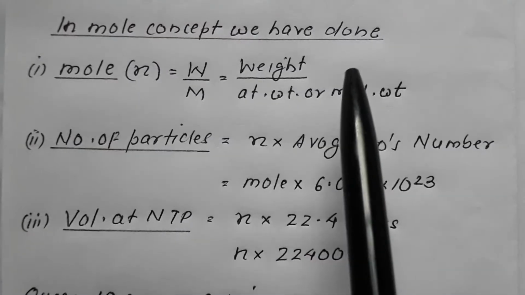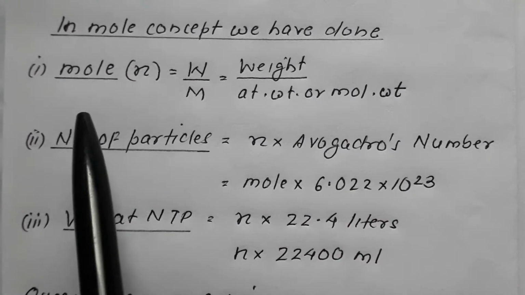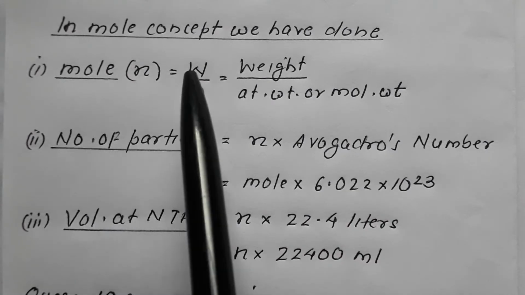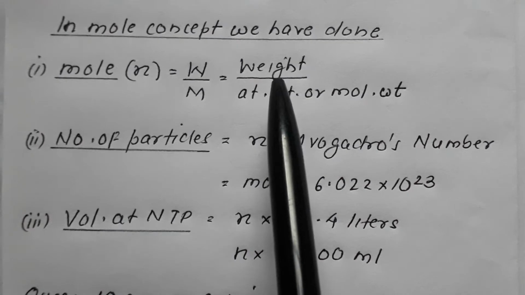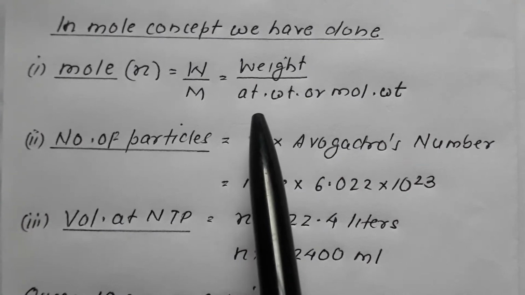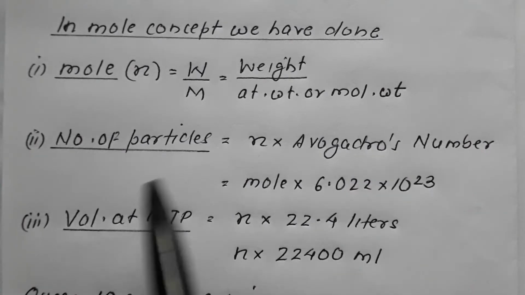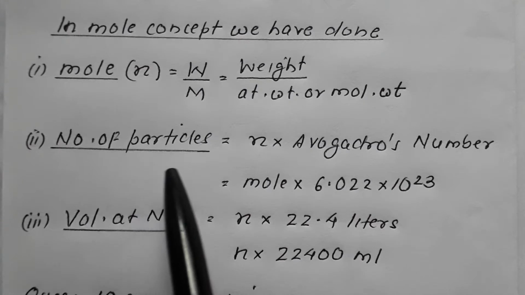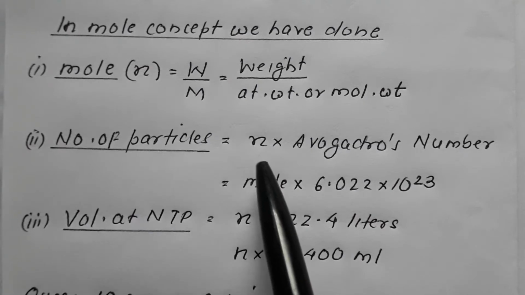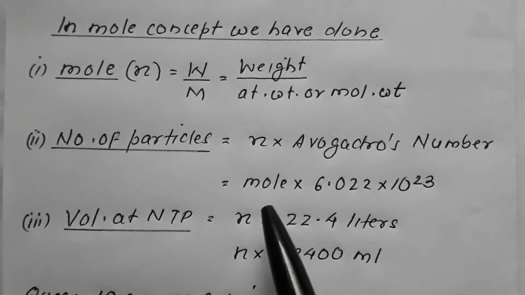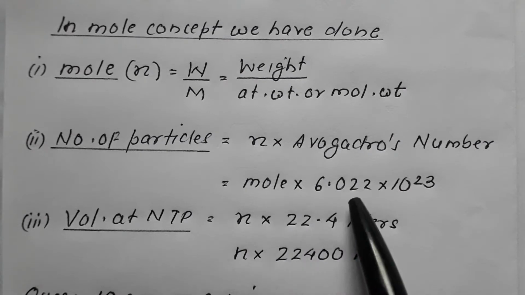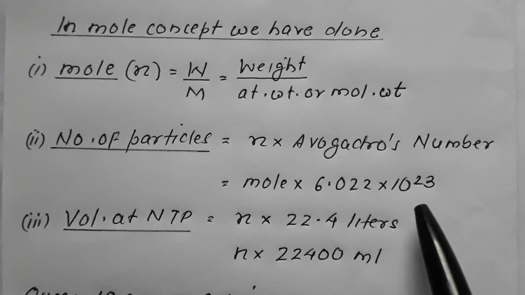Now in the mole concept we have already done that mole, which is represented by n, is equal to W by M. W is weight of the substance taken and M is either atomic weight if substance is atomic or molecular weight if substance is molecular. Number 2, number of particles. Number of particles is n into Avogadro's number, that is mole into 6.022 10 raised to 23.